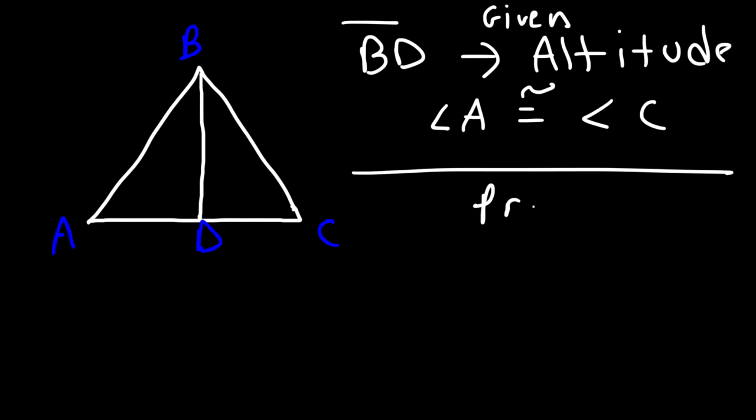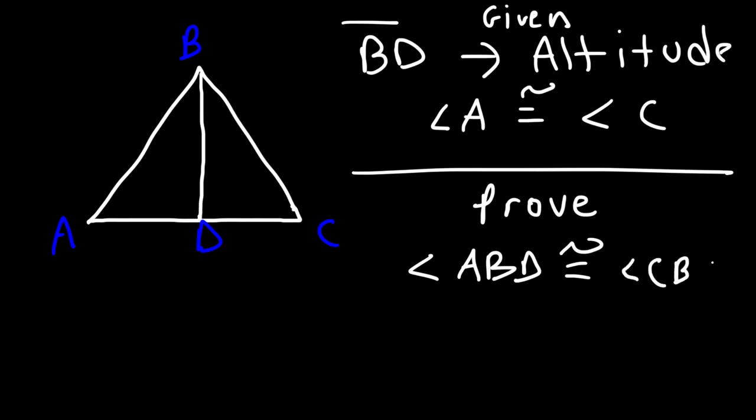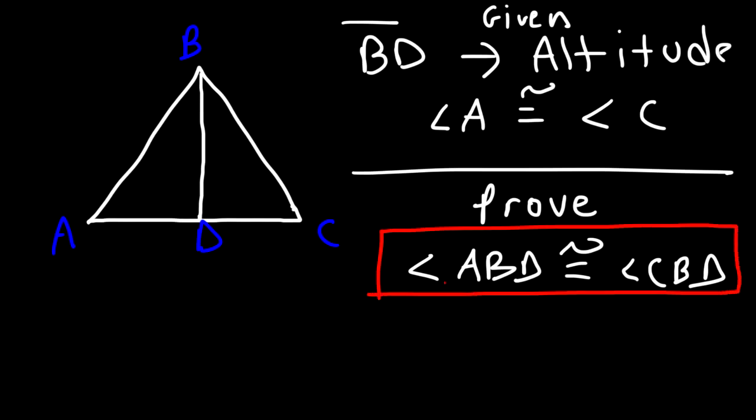Your task is to verbally prove that angle ABD is congruent to angle CBD. So feel free to pause the video and come up with a process that will prove that this statement is true.